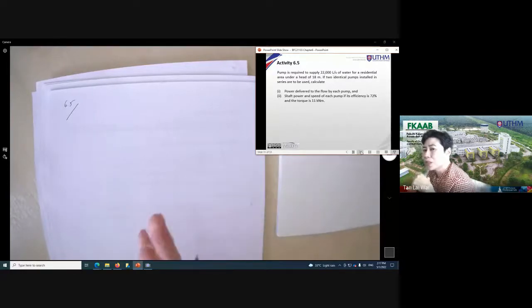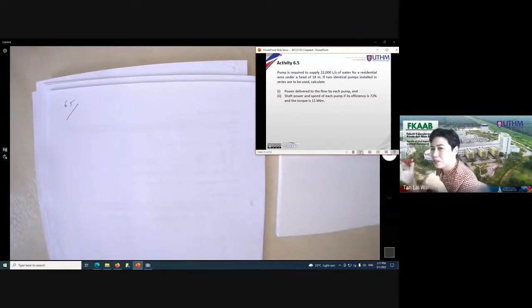That means this is a total under a head of 18 meter. That means the total system, what I mean is the total discharge and head provided by the system will be this value.